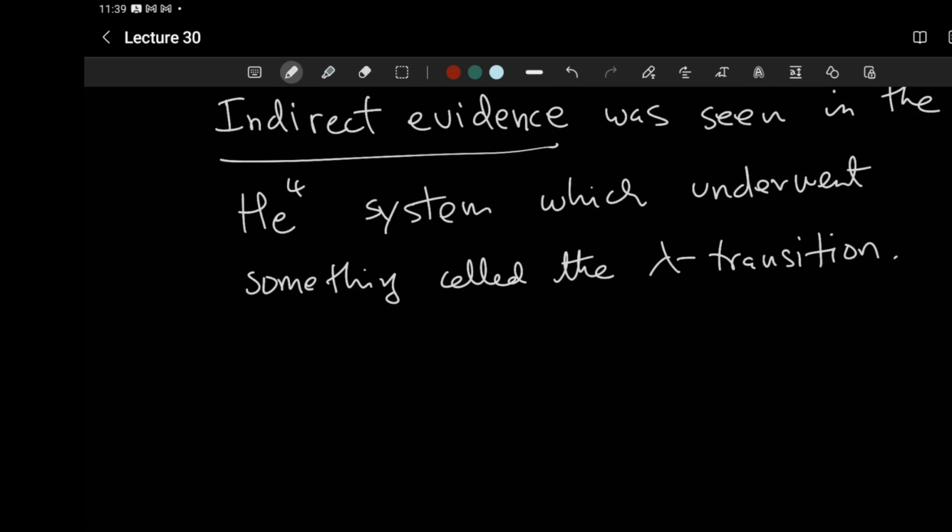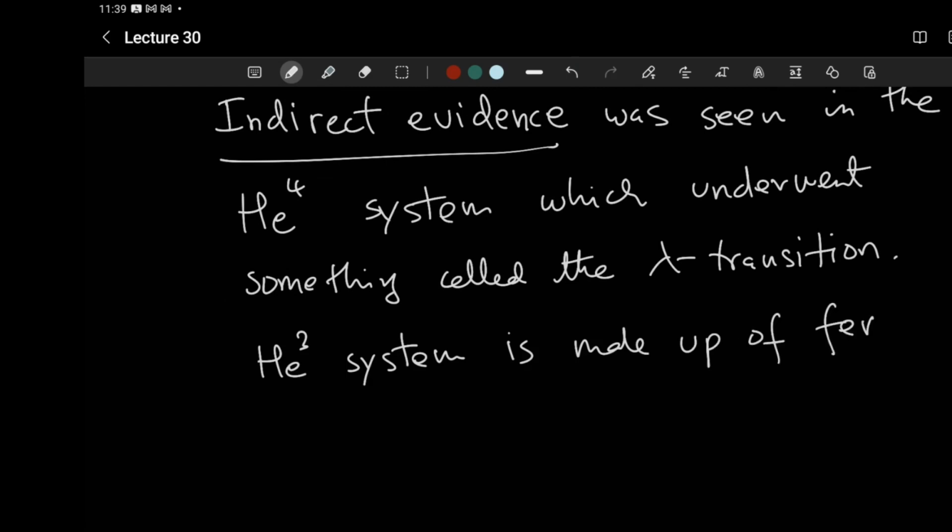Okay, there is a helium-3 system. It's very similar, but is made up of helium-3, which is fermionic. So you can think of it as a gas of fermions, where this transition does not happen.